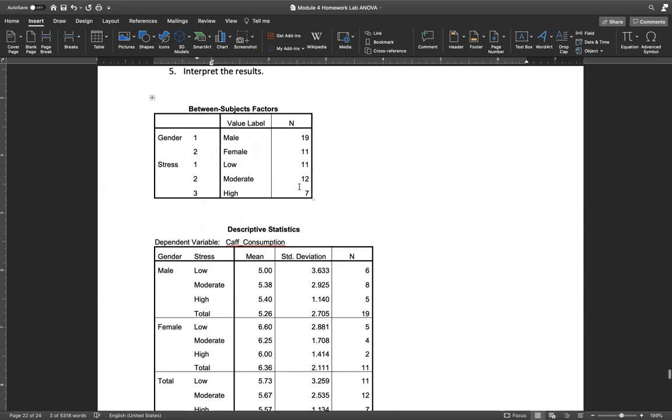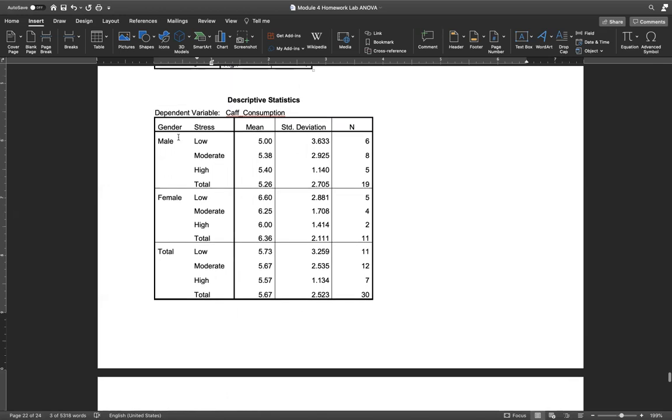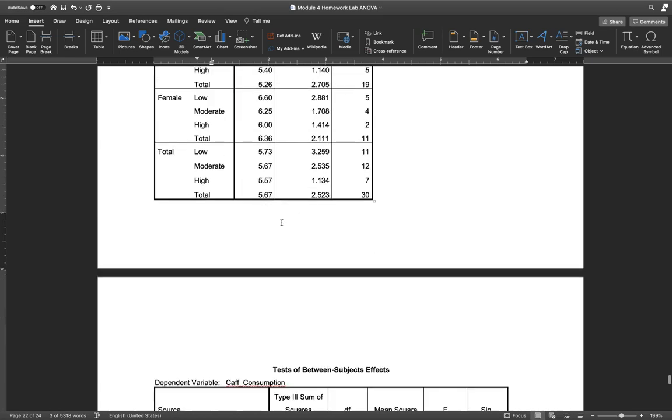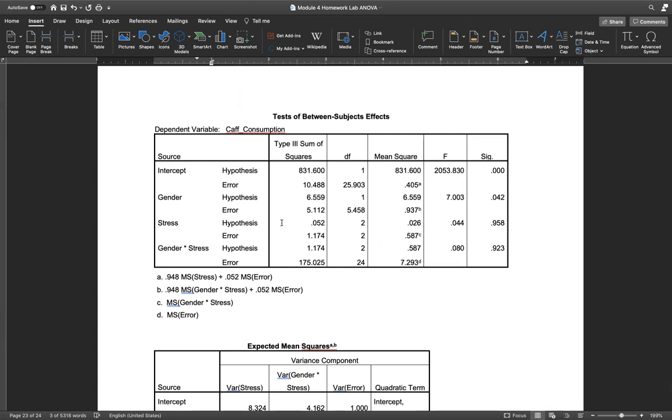This tells us a little bit of data about our 2 independent variables. Here we have our independent variables connected. So male low stress, male moderate stress, male high stress. This is the interaction and the descriptive statistics related to that. Now this reads a little differently. Now we have gender, which is a main effect, stress main effect, and this is how your interaction effects are written out.